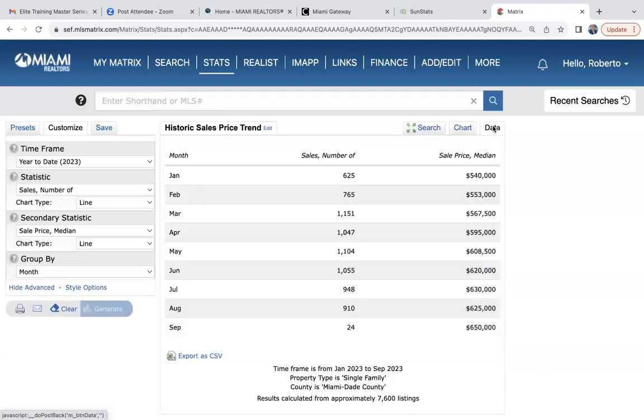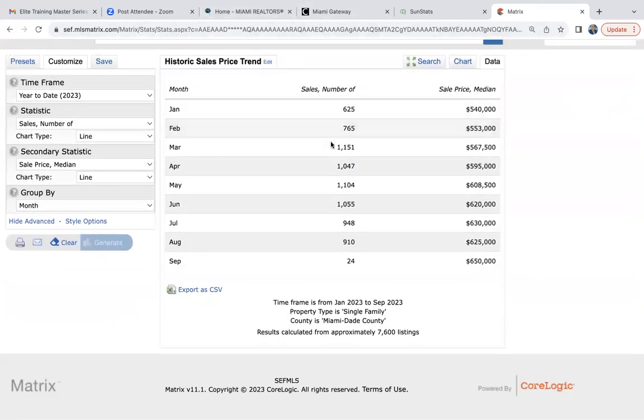And then go back to data here and it'll show you once again the number of sales and then the median sales price. All right. Again, if you wanted to change these columns, you go to customize and you have column number 1, column number 2.